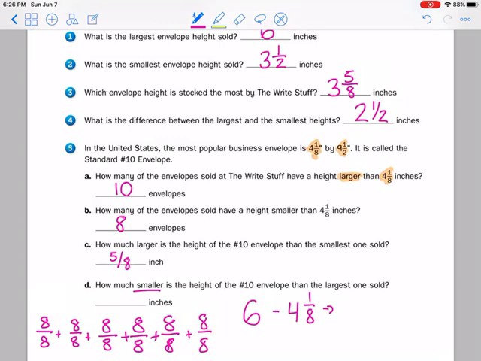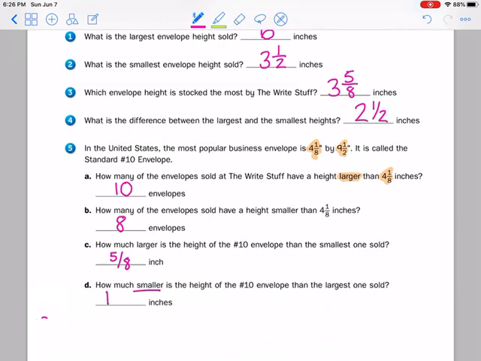So if I did that, I would get 48/8 minus 33/8, which should equal 1 7/8 of an inch.